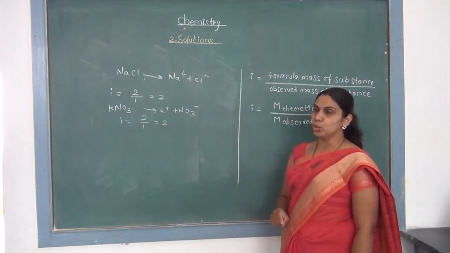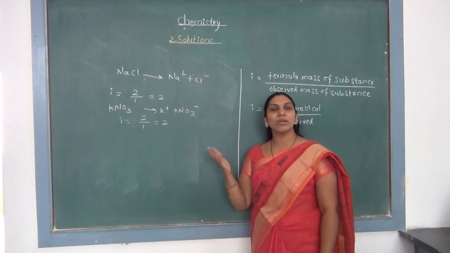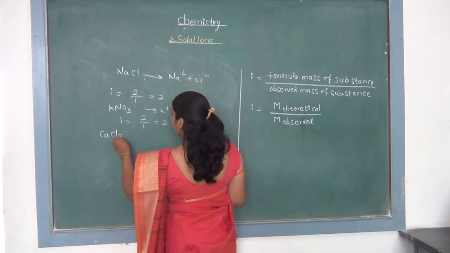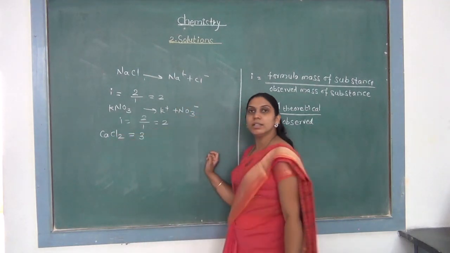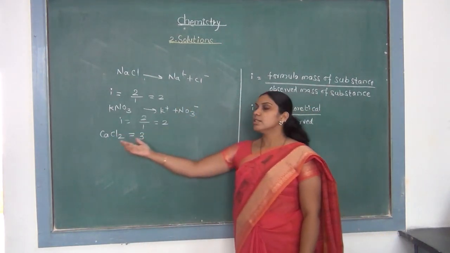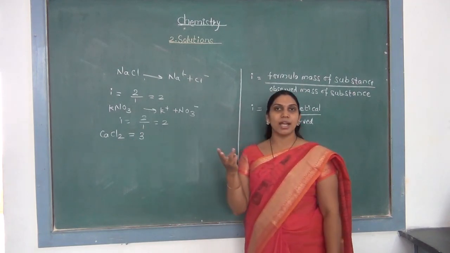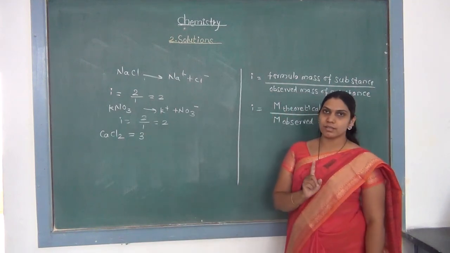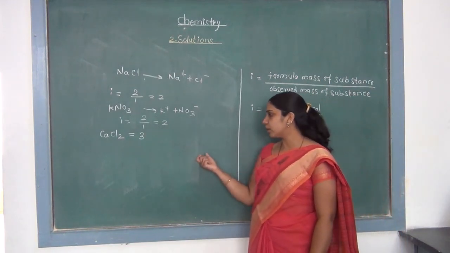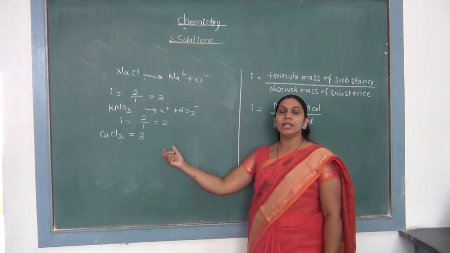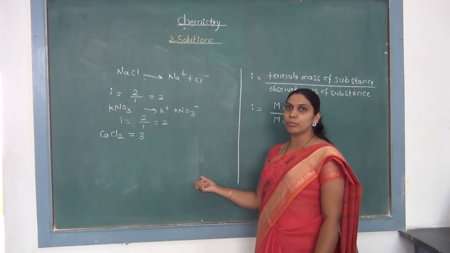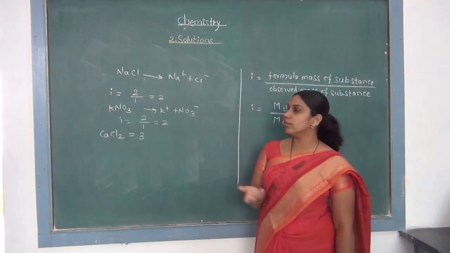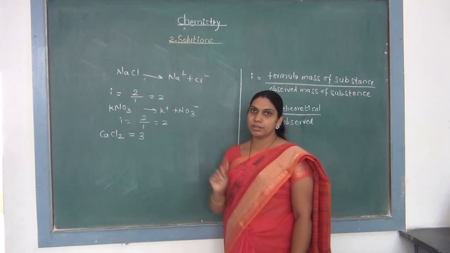Similarly, if you go for calculating the Van't Hoff factor for CaCl2, how much will it be? It will be 3. Why? See, CaCl2 on dissociation forms 3 ions, 1 ion of Ca2+ and 2 ions of Cl-. So total ions produced after dissociation will be 3, divided by the number of moles of formula unit dissolved, which is 1. So 3 upon 1 gives the value of i, which is equal to 3.